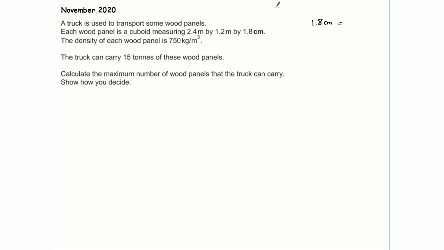So if we recall that 1 metre equals 100 centimetres, to get this into metres I need to divide by 100, which gives me 0.018 metres.